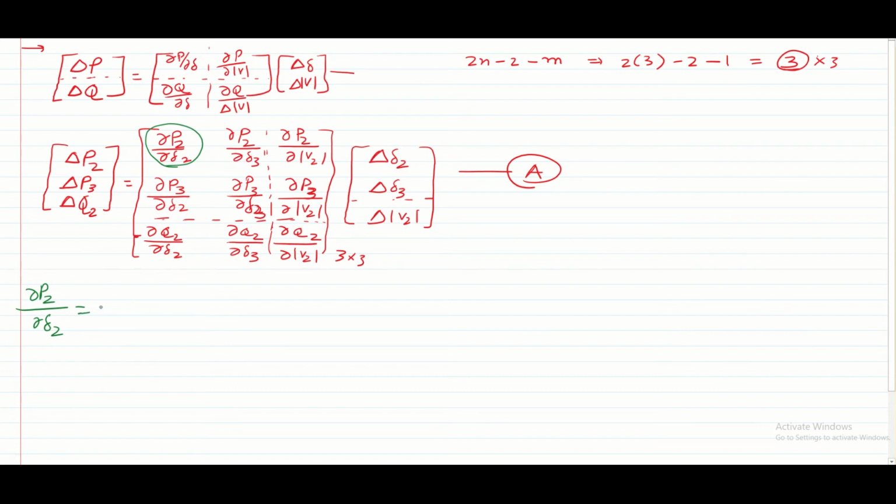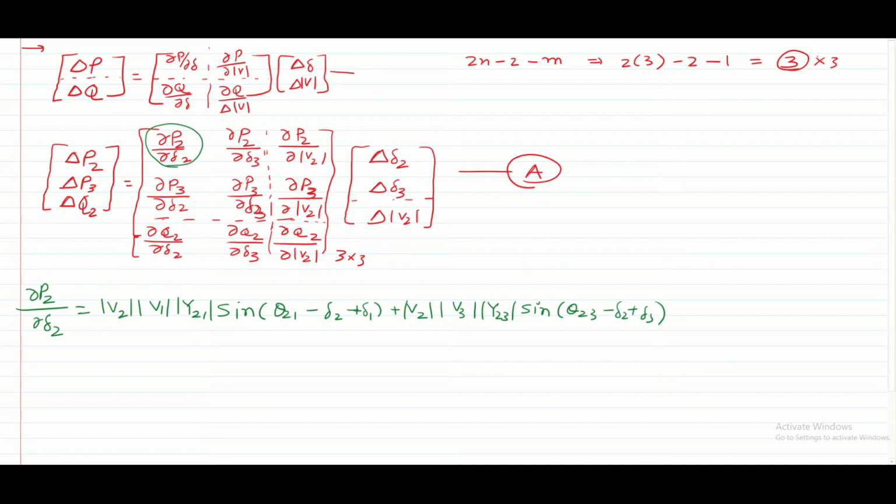So you will get the final equation: V2 V1 Y21 sine of theta 21 minus delta 2 plus delta 1, plus V2 V3 Y23 sine of theta 23 minus delta 2 plus delta 3.